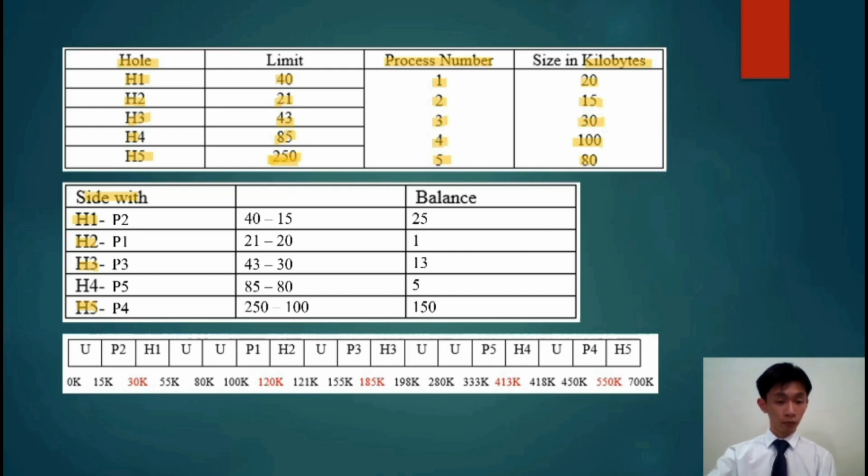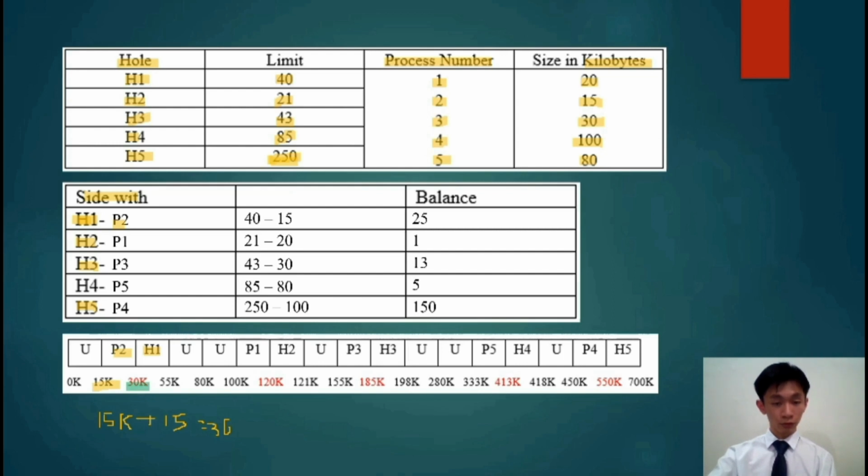For hole 1 with P2, the table given plus the size: 15k plus P2, which is question number 2 with 15, so 15 plus 15, you get 30. So this is how you get this answer.